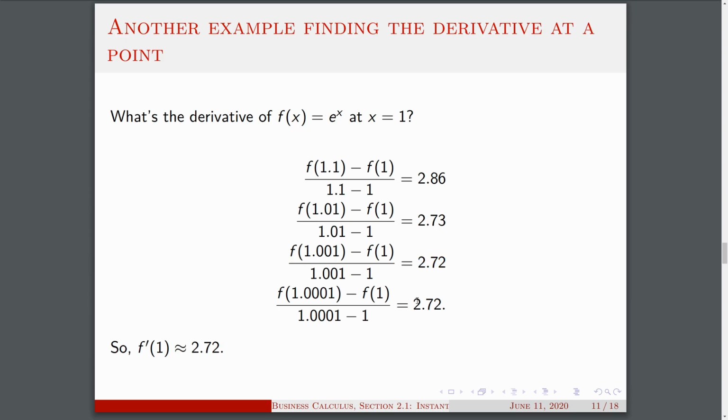They get close to the number 2.72 after you round it to 2 decimal places. These numbers are all rounded. All right, so that is the derivative at x equals 1. This is not f of x, this is the slope of f of x at x equals 1. That is 2.72. It's a slope, but we call it the derivative. All right, so that's that.